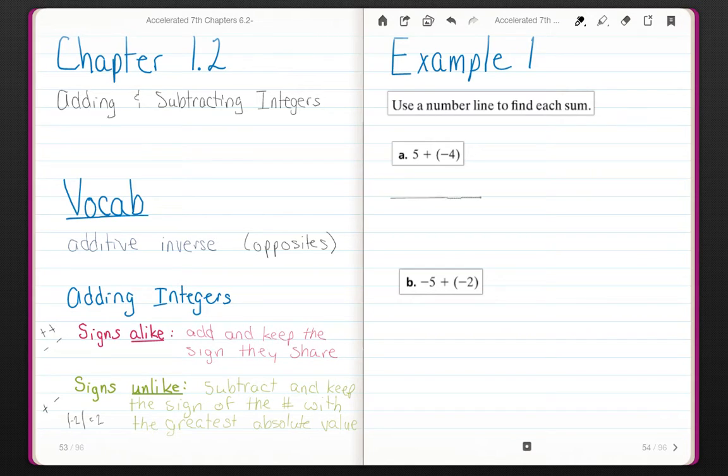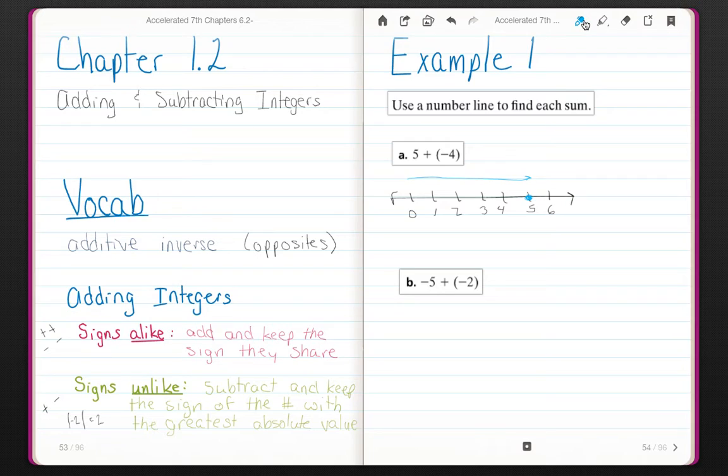So here's my number line. So it says I'm starting at 5. So I would first move up here and start at 5. Then it says I'm going to add -4.